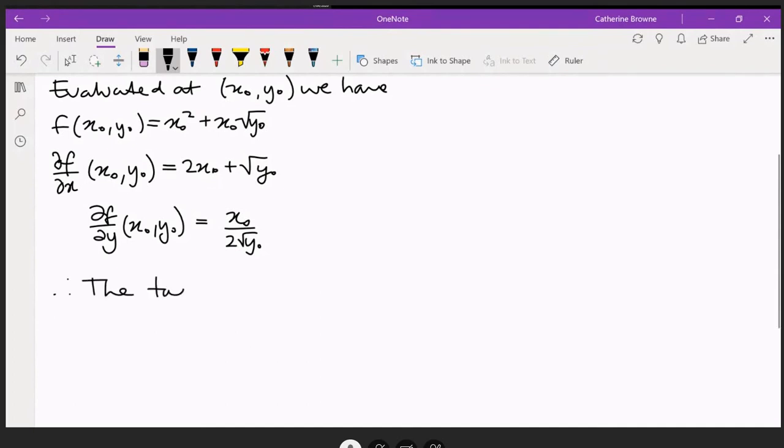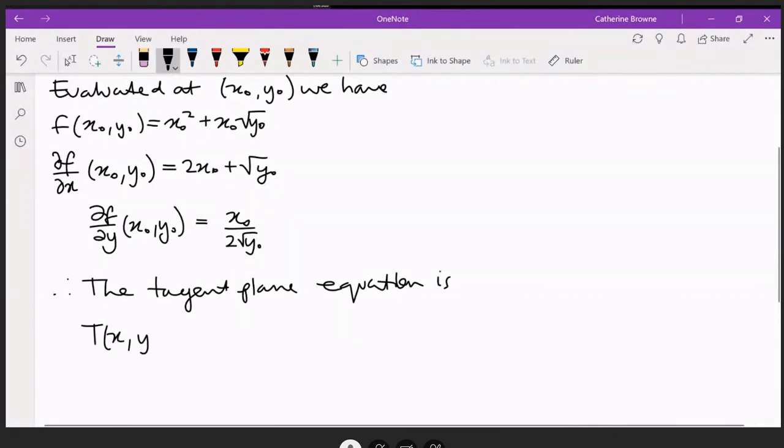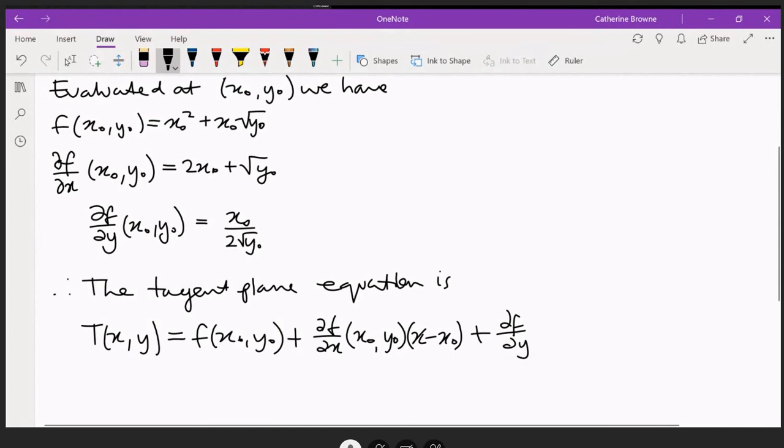So the tangent plane equation, we'll call it T for tangent, T(x,y) is equal to the function at x naught, y naught, plus the first partial derivative with respect to x at x naught, y naught, multiplied by x minus x naught, and then the same again except with respect to y, y minus y naught.